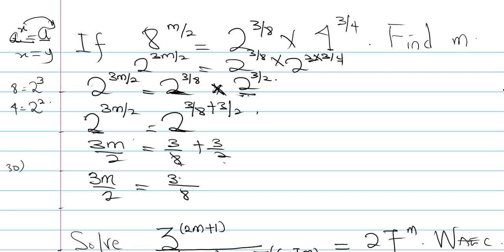This one will be 3 plus, how many 2 can we see in 8? It is 4. 4 times 3, right? 4 times 3 is 12. Right, so let me just manage this point here. Now here we can have 3m over 2 equal to 15 over 8.